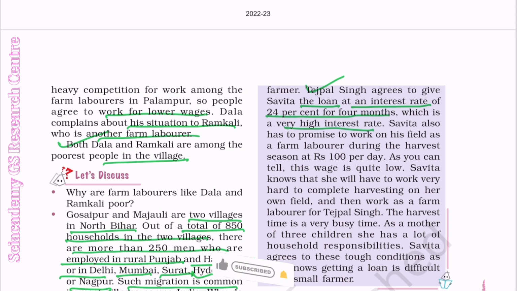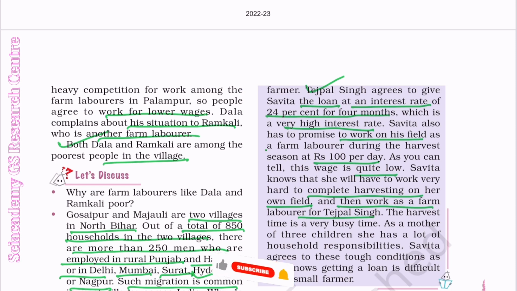Savita also has to promise to work on his land as a farm laborer during the harvest season at 100 rupees per day. As you can tell, this wage is quite low. Savita knows that she will have to work very hard to complete harvesting on her own field and then work as a farm laborer for Tejpal Singh.